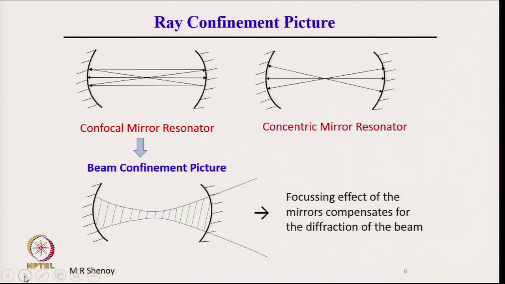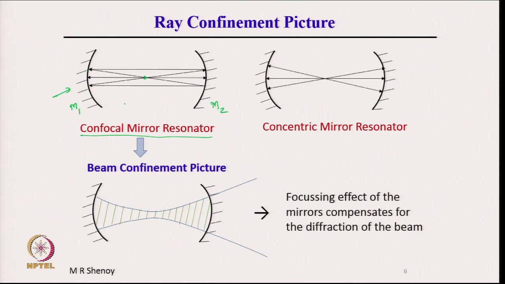So, the ray confinement picture is illustrated here. In the ray confinement picture, what is shown here is called a confocal mirror resonator. Confocal means the center point here, that is the focal point of mirror M1 and mirror M2, coincide.